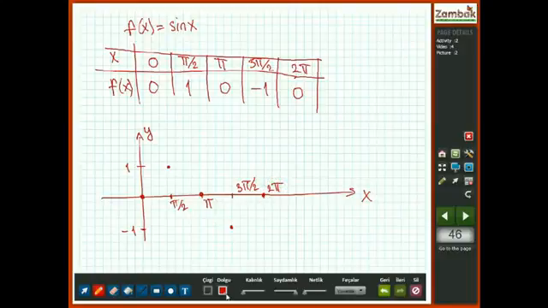Now if we join these points, we will get the graph of the sine function, which is called sinusoid.